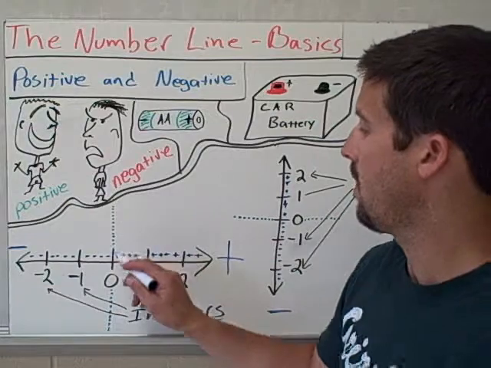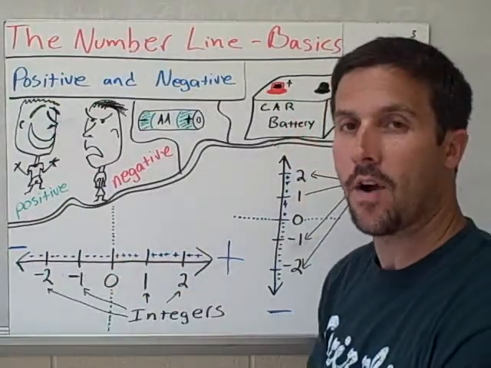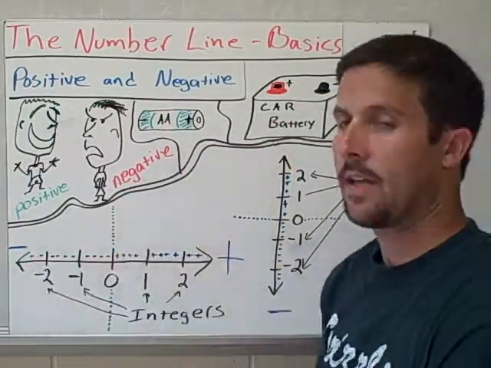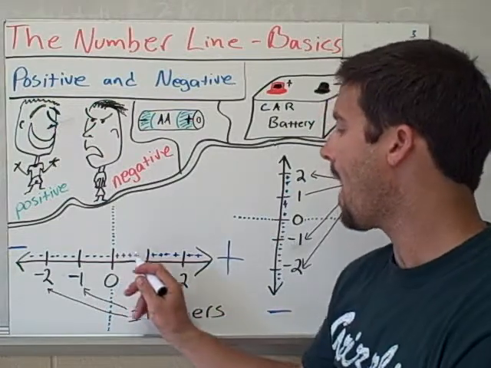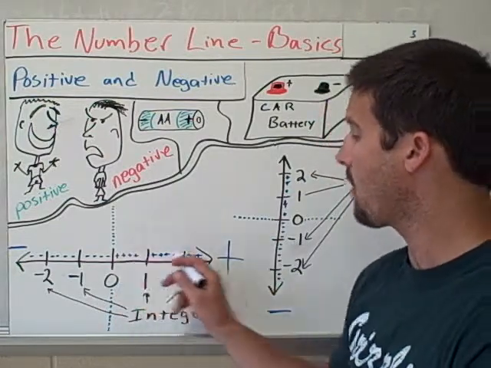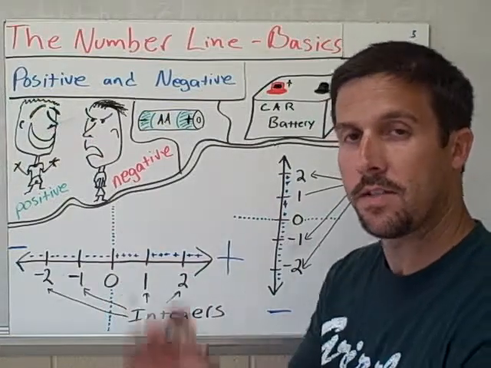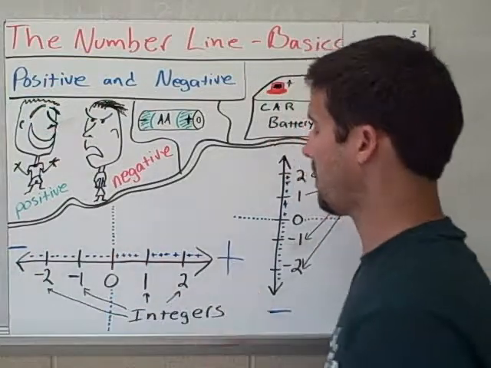All numbers on the left side of 0 have a negative sign in front of them. That would be the minus sign or the negative thing that you see. On the right side are the positive numbers. All of the positive numbers that exist are on the right side of this 0. The 0 is the middle, positive on one side, negative on the other.